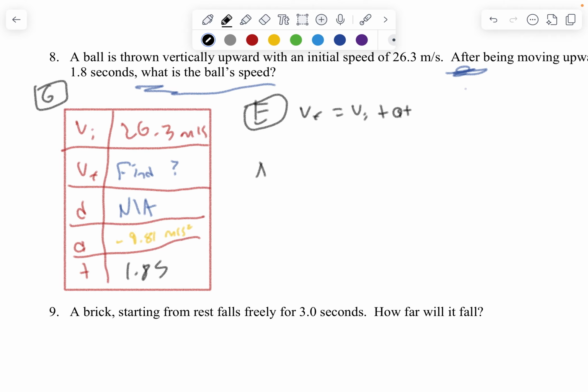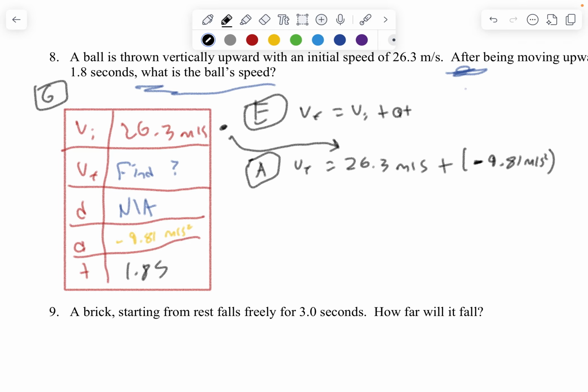And then let's plug in our values. Final velocity equals, what's the initial velocity? 26.3 meters per second, plus acceleration times time. Acceleration is negative 9.81 meters per second squared, times, what's the time?